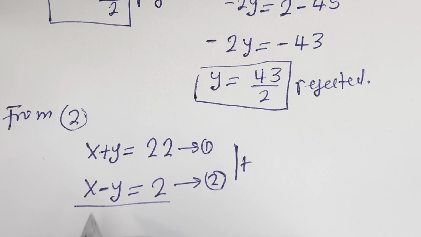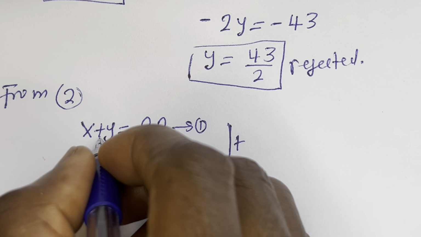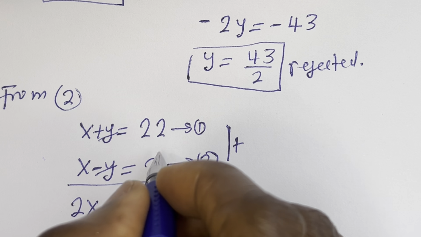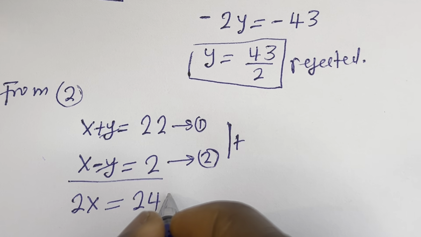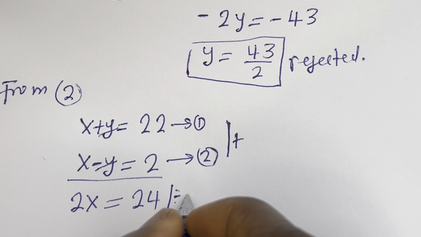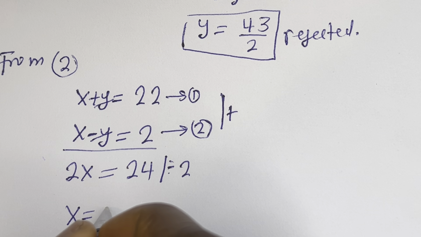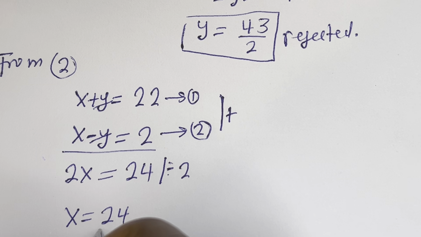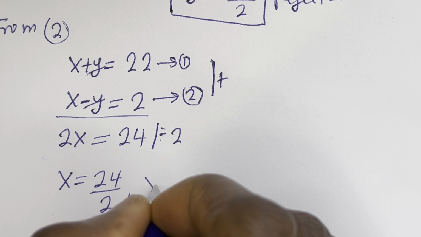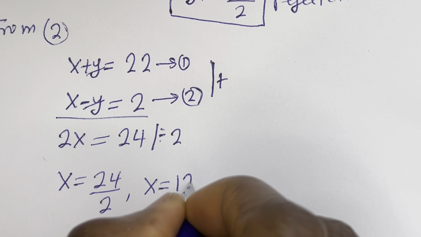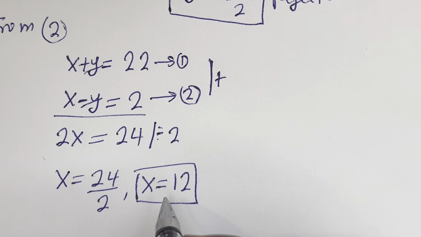This is x plus x, we have 2x. This will cancel, is equal to 22 plus 2. This is 24. Now let's divide all through by 2. x is equal to 24 divided by 2. x is equal to 12. This is the value of x.